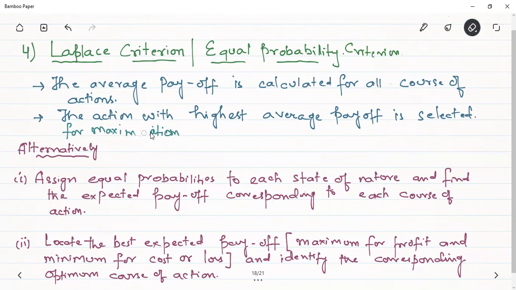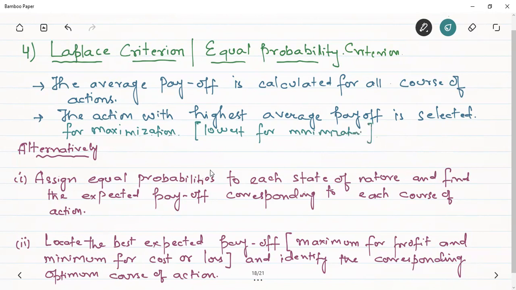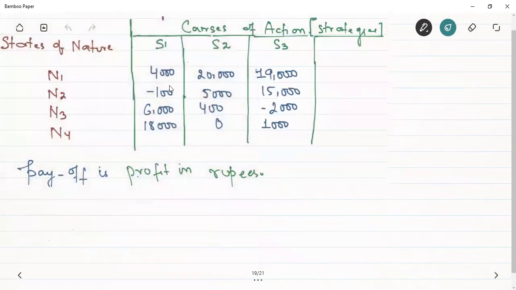And for minimization, the lowest average payoff will be selected. So it is a pretty simple criteria that calculates the average payoff, which is also known as the expected payoff, for all courses of action. Now see here, we have 3 courses of action.